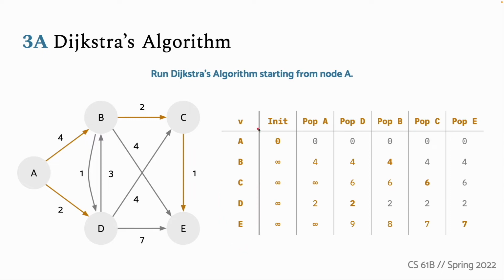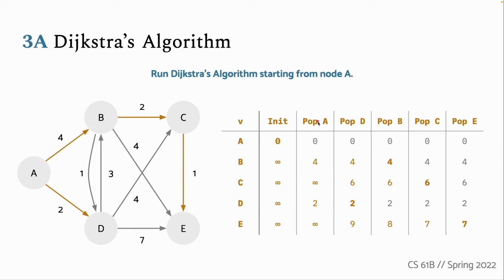We have our vertices and the distance from A to each of these vertices. When we start off in our first iteration, we're on node A and we only know that A to A is 0. Everything else we don't know yet because we haven't visited it. So we pop A off of our priority queue, thereby locking this in place. So this value will no longer change for the rest of these iterations.